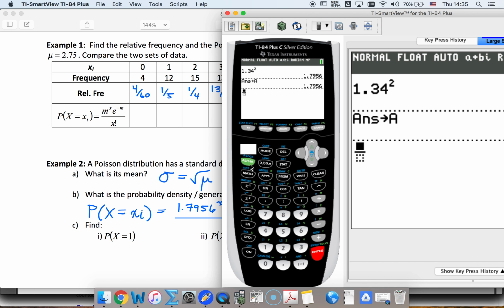So I'm going to have A raised to the 1, of course that's just A, times e raised to the negative A, and then divided by 1 factorial, which is just 1. All right, so I get my probability, 0.298.